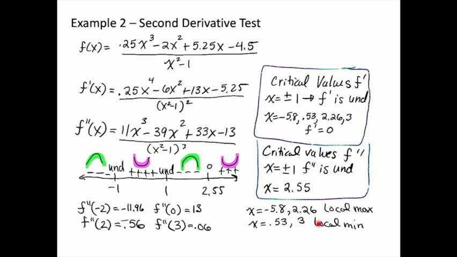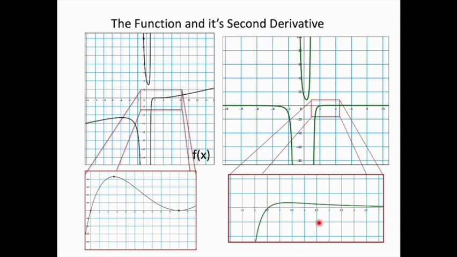Now let's look at the function and its second derivative. For the pictures of the function and the second derivative, I blew this section up and this section up so that you could get a better look, because when you're not zoomed in, it's really hard to see the behavior.